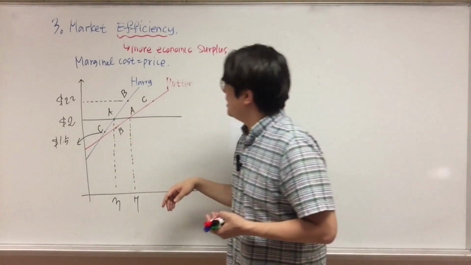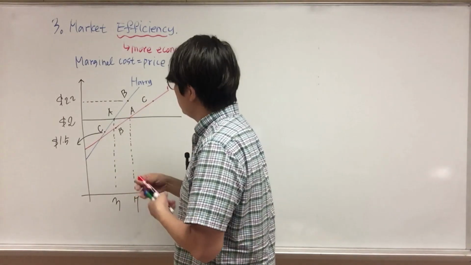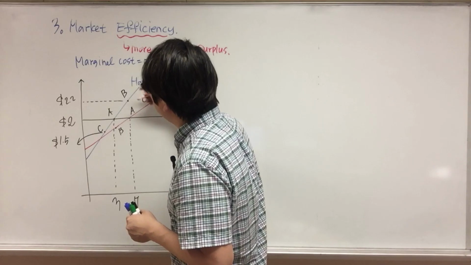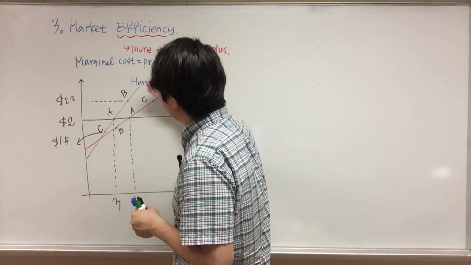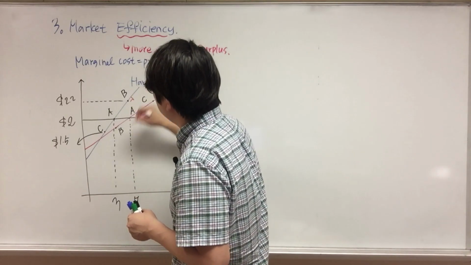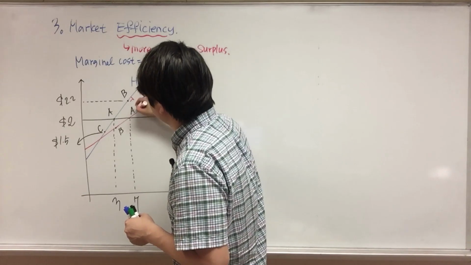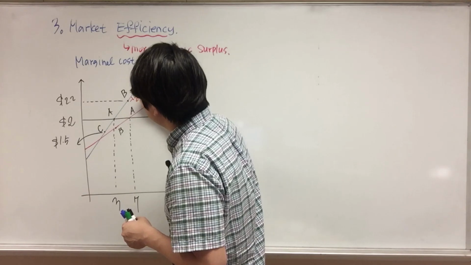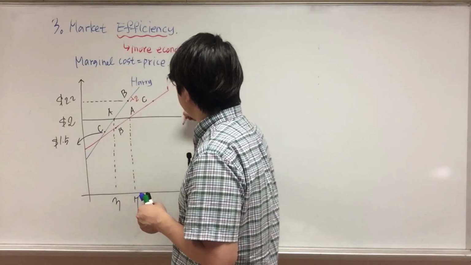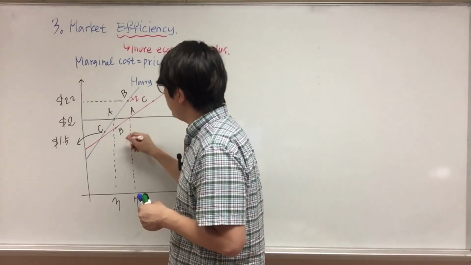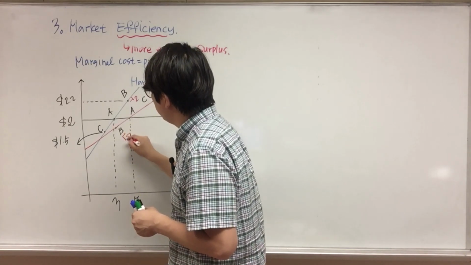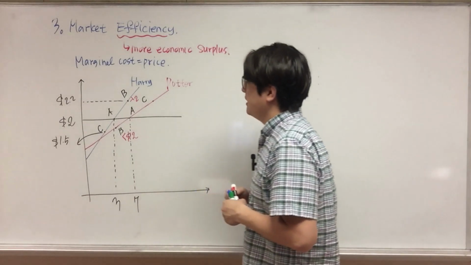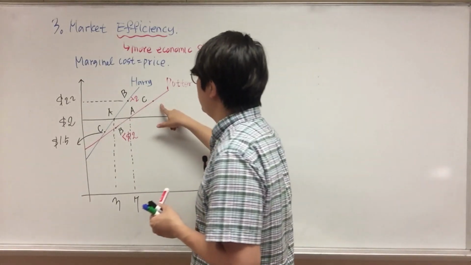So if we think about B, Harry provides the quantity supplied at the higher price, which is higher than the market price of $2, right? At the same time, Potter will provide the quantity supplied at a price which is less than $2. Correct? How about C?